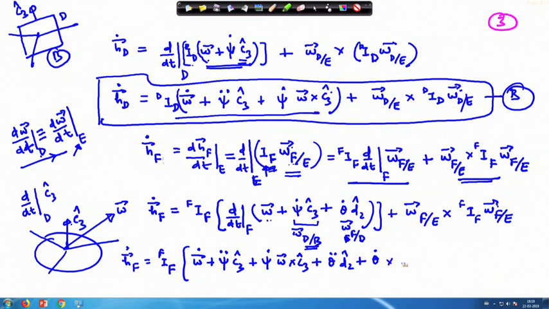Next part we have to write here the proper cross d 2 cap, and then this bracket will be closed, and thereafter this part omega f slash c cross I f f omega f slash c. So, this part we are keeping as it is and the other part we are expanding. Okay.